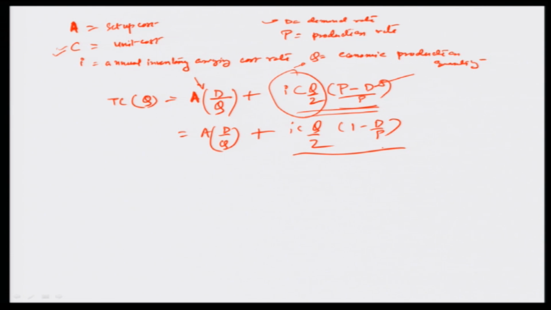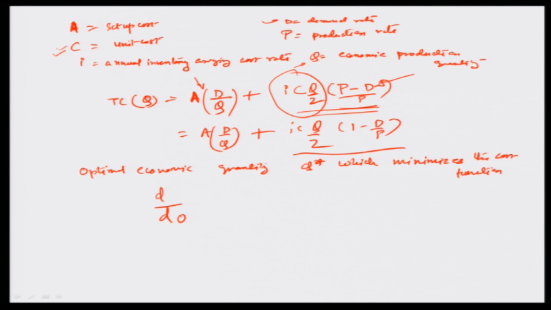Having said that, the optimal economic quantity, which will be formulated here, we call it Q star, which minimizes the cost function, can be obtained by just differentiating the total cost with respect to Q. So, this can be calculated as minus AD by Q square plus IC by 2 times (1 minus D by P), and equating that to 0.